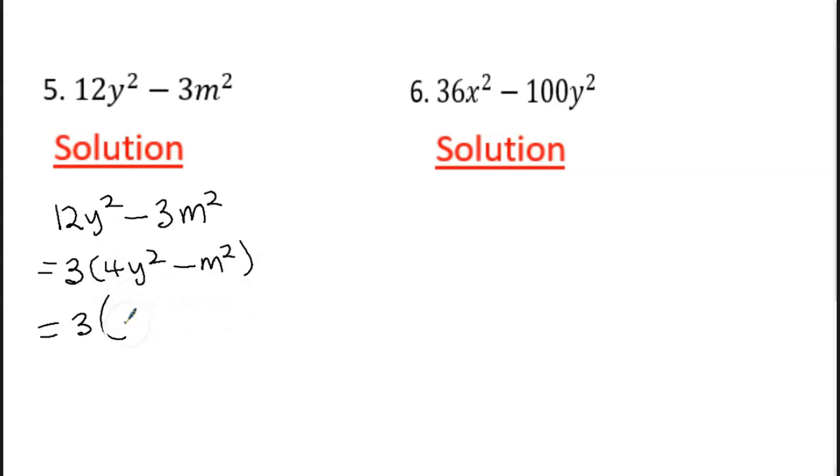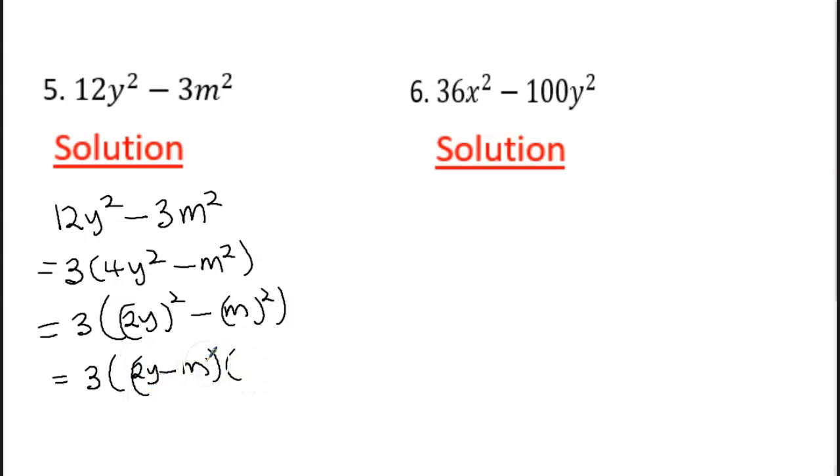So we can rewrite 4y squared as 2y all squared minus m squared, so you pick one of each. So 2y minus m in one bracket, and then 2y plus m in another bracket.